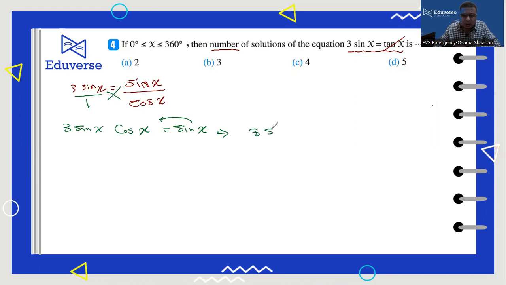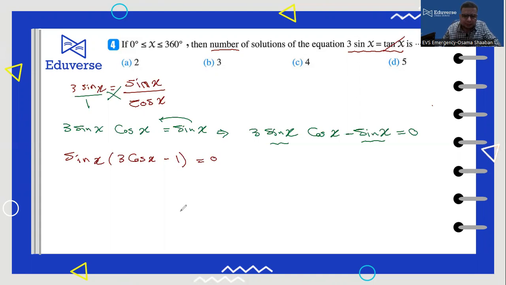So 3 sine x cosine x minus sine x equals 0. You have here common factor sine x, so you can put sine x as a common factor. Here will be 3 cosine x minus 1 equals 0.